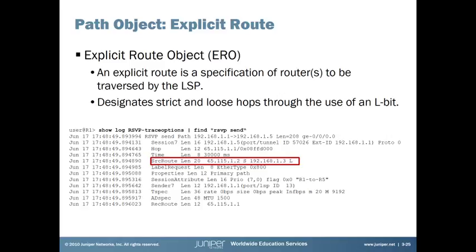If we take a look at that, we'll see that we have got the IP addresses of the routers in our explicit route object. So we've got a strict route, and we've got a loose route in that particular message. So the S and the L.